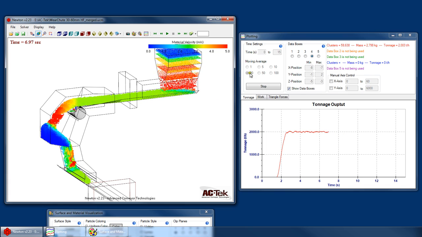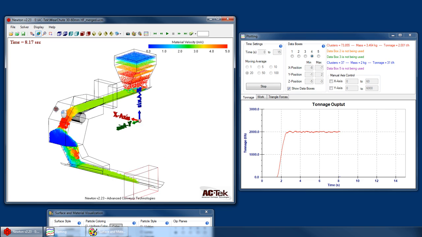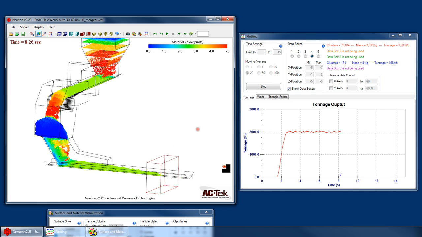By averaging the data over 20 frames, I'm averaging the data over 0.2 seconds, because this is 0.01, 100 frames a second is what we're recording at. So by averaging over 20 frames, we're averaging over a fifth of a second, which seems pretty reasonable. Now our data has entered the output box.